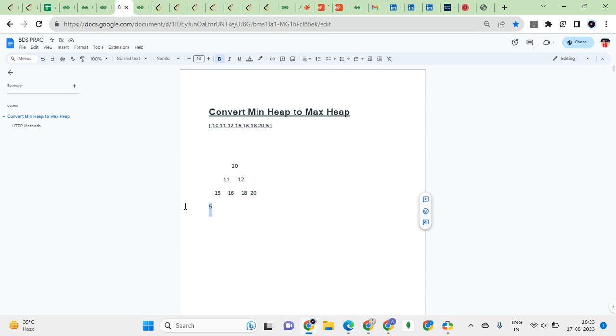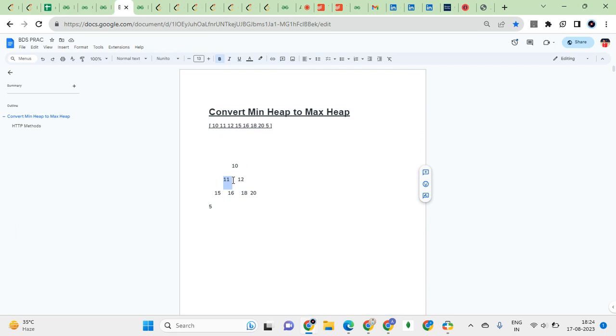Now the heap process will start. Heap will see that 10 is fine with 11 and 12. Then it comes to 15. 15 says that my children should always be greater than me.